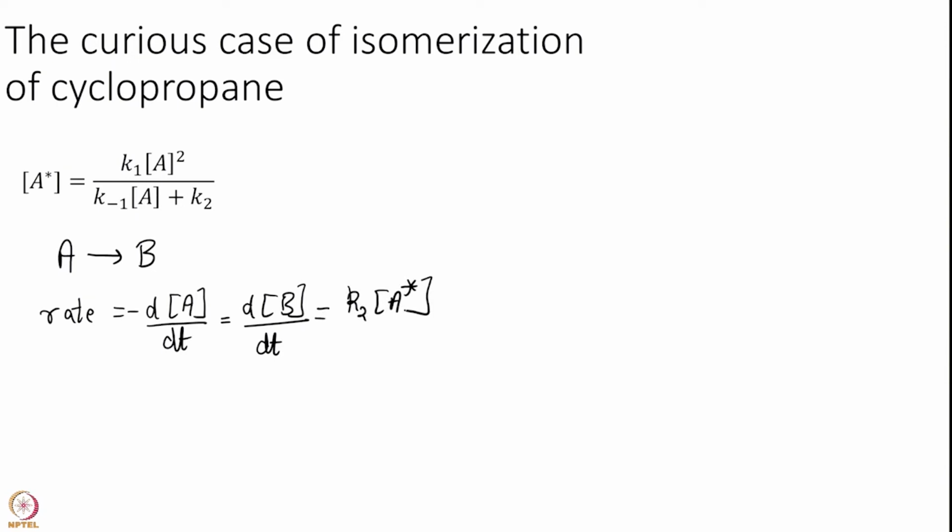Remember, we solved for all 3, A, B and A star, and dB over dt, you can look back, comes out to be K2 into A star. Well, I know A star now, so I will feed that here and I get this. So, I have now an equation for the rate.